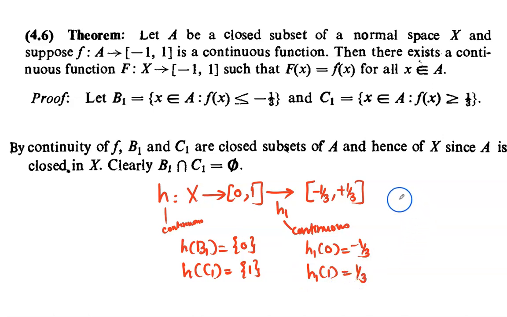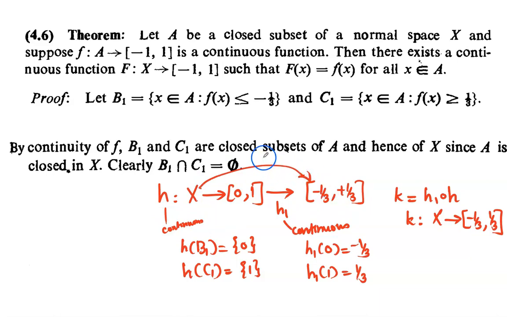So if we consider a new function k which is defined as h1 composition h, then k will be defined from X to the closed interval [-1/3, 1/3]. Since h is defined from X to the unit interval and h1 is defined from the unit interval to this closed interval, their composition will be defined from X to [-1/3, 1/3].